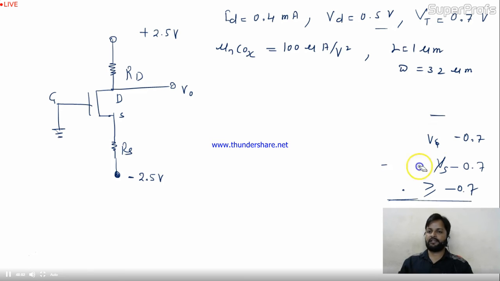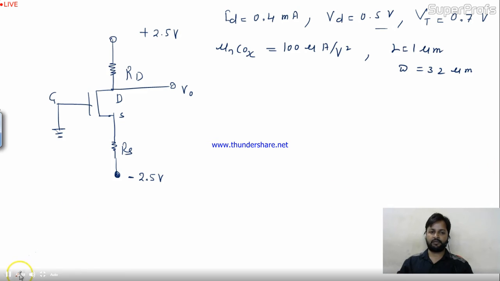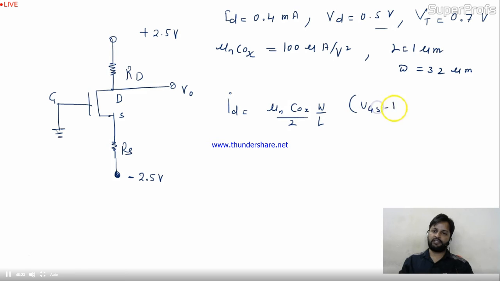Once you identify the transistor is working in the saturation region, you know the formula for current: ID equal to mu n COX W by L divided by 2 into VGS minus VT whole square. Now mu n COX is 100 micro divided by 2, W is given as 32 micro and L is 1 micro. Micro will cancel out.